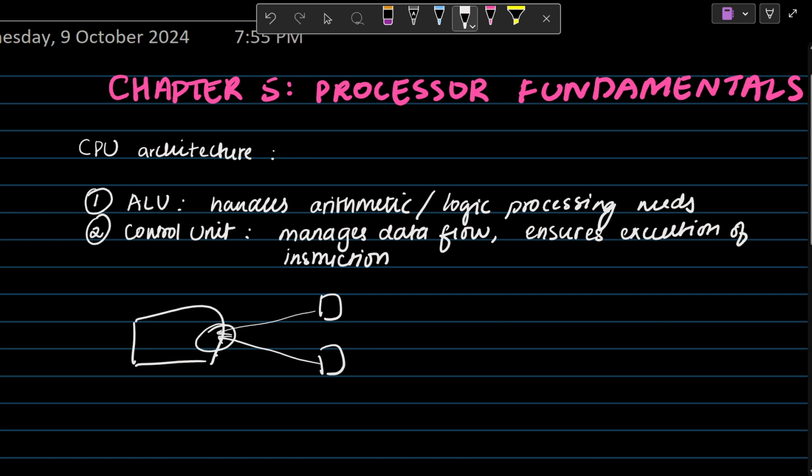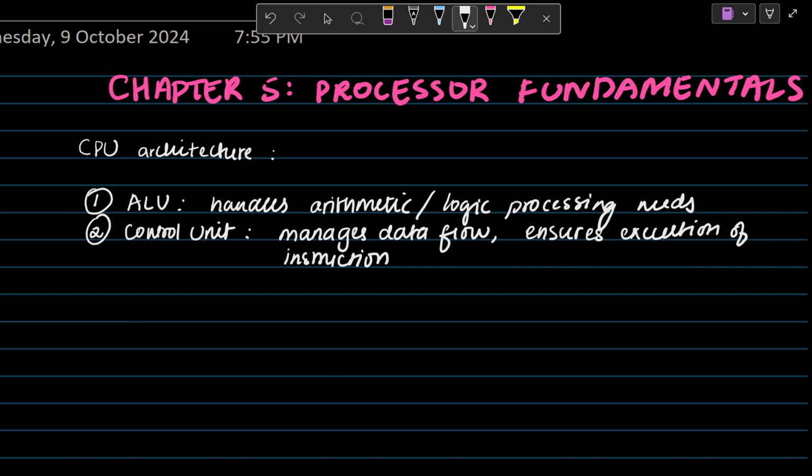So the control unit basically synchronizes processes, and it will give a certain time frame where this task can go and retrieve some data, and then after that this can go. Okay, so it basically just synchronizes and manages the data flow.